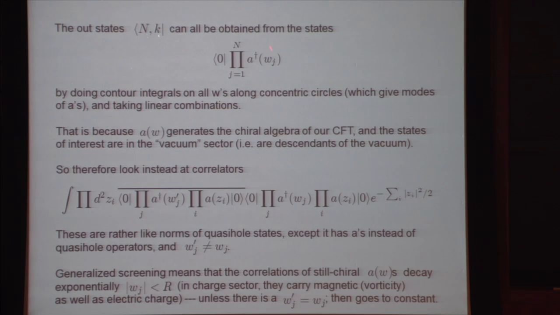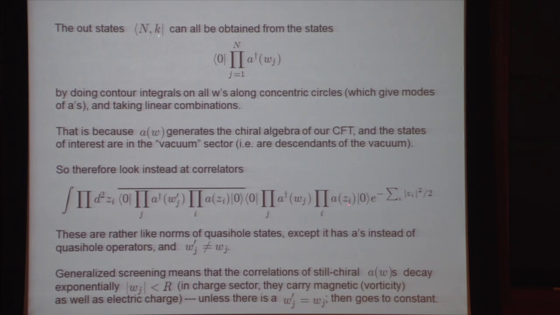And then what one does to get these K's is take modes of these by doing contour integrals and taking linear combinations. Okay. So now what we can look at instead of these things indexed by K is things where we have a bunch of A daggers in the correlator, and maybe some additional A's actually. It wouldn't make any difference to the arguments. So we have some A's, and in the left moving part, A bars under the conjugate here, which are integrated over.